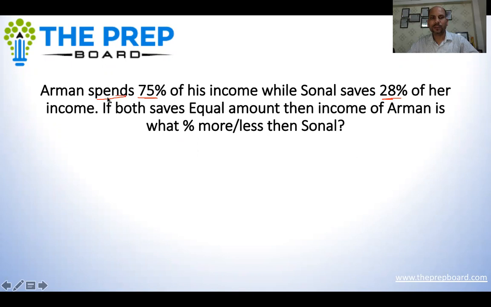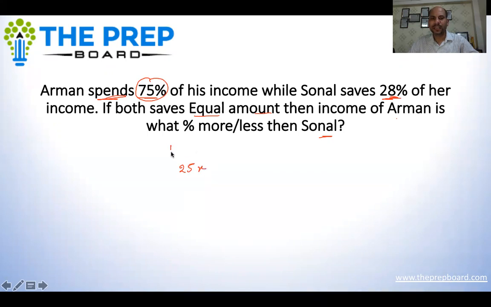Here they are talking about spending for the first person and saving for the second person, so do take care about this. If both save an equal amount, then the income of A is what percent more or less than Sonal, the second person. So this person spends 75%, which means he saves 25%.